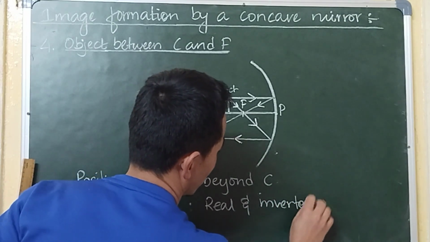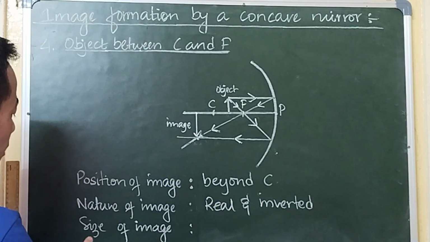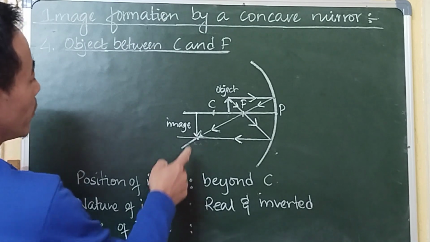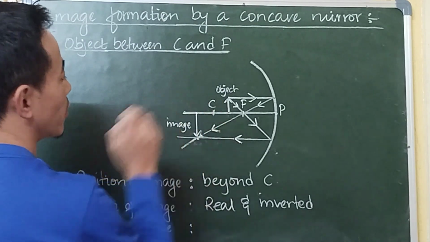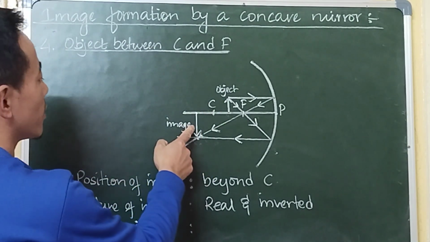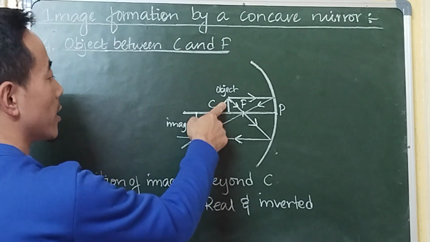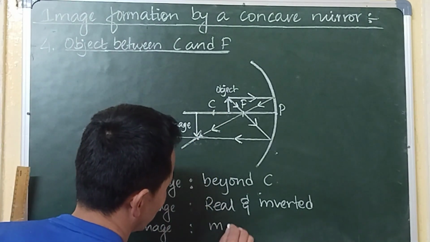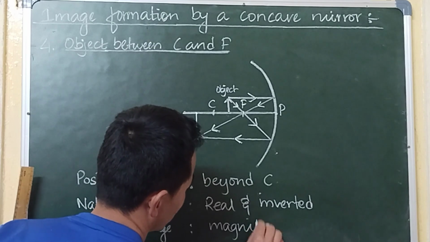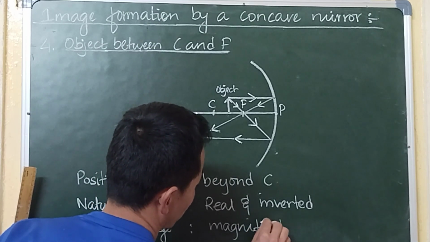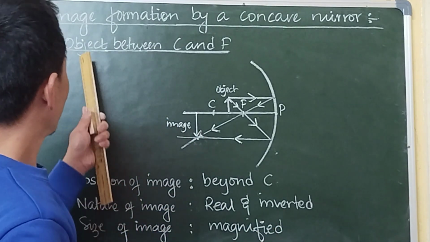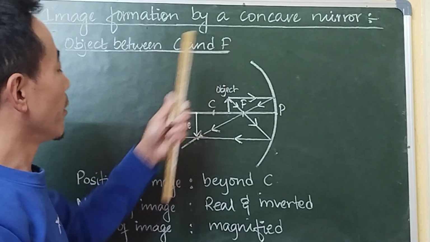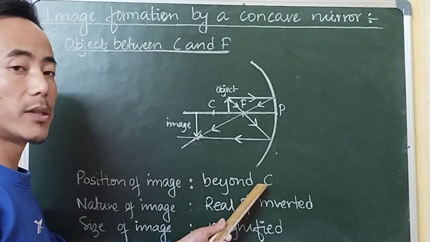So we can write real and inverted here. And the third thing, size of the image. Now if you look at the size of the image and the size of the object, the size of the image is greater than the size of the object. That means the image has been magnified. So here we will write the image is magnified. So whenever an object is kept between C and F, we get the image beyond C.